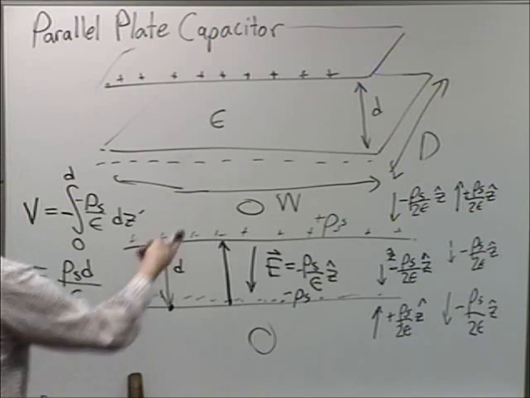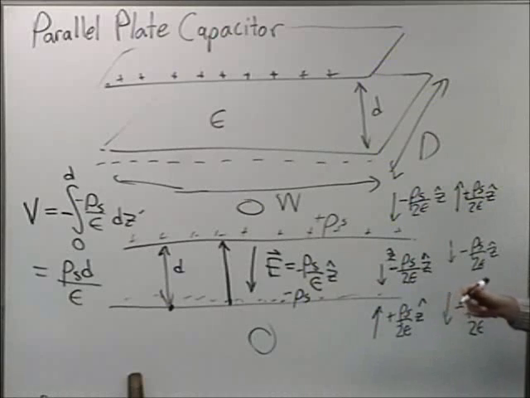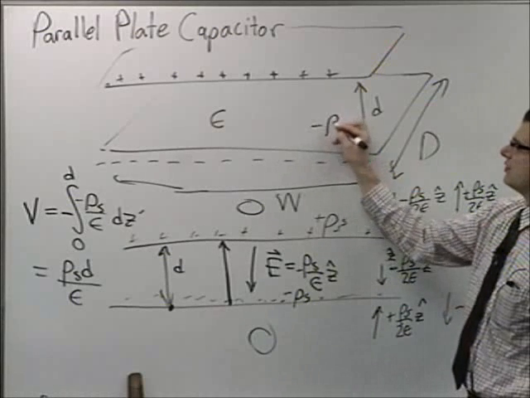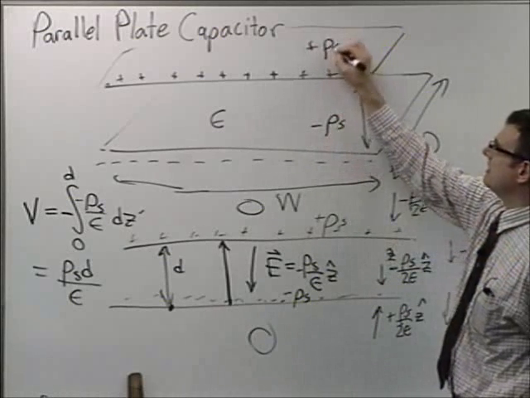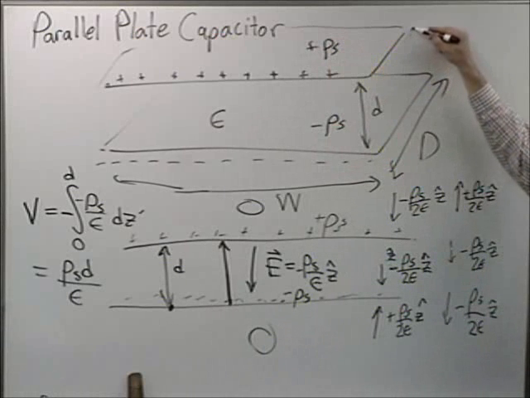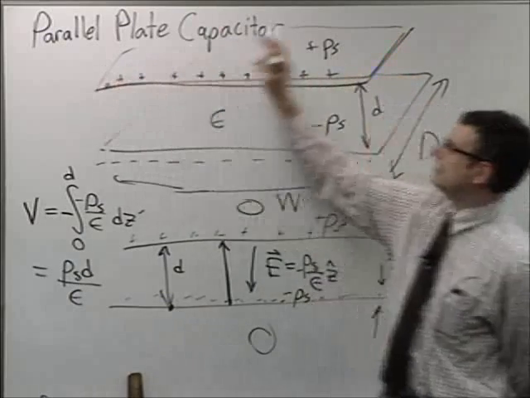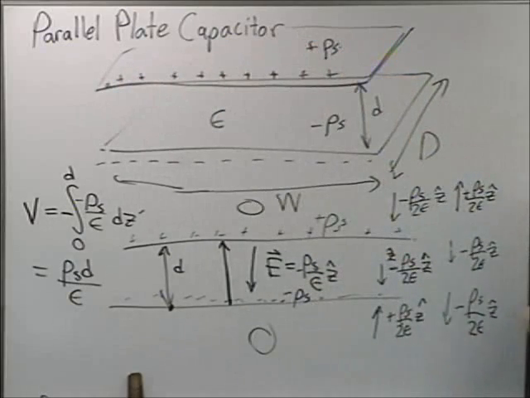What is the total charge on this system? Well, it's going to depend on how big the plates are. If I've got minus rho sub s here and plus rho sub s here, then the total charge that was separated is actually d times w times my surface charge density.